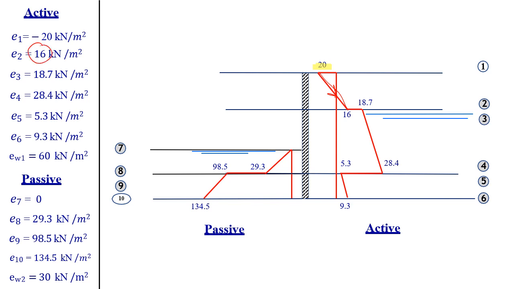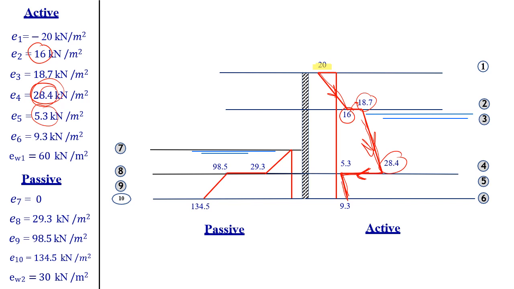Then E3 at the same depth, there is a sudden increase in pressure from 16 to 18.7, which is E3. Then E4 is 28.4, so there is a linear increase from 18.7 to 28.4. Then at the same depth at E5, there is a sudden drop from 28.4 to 5.3.